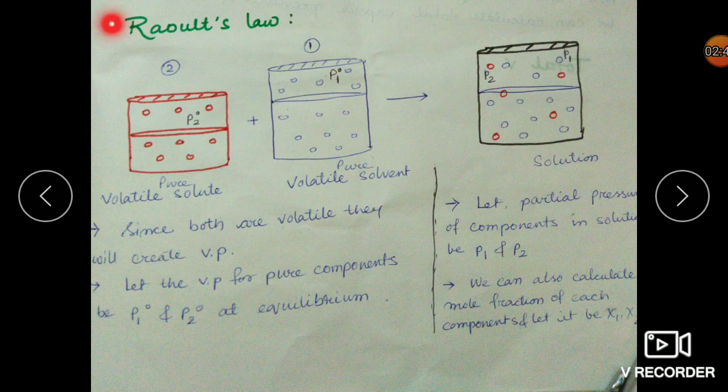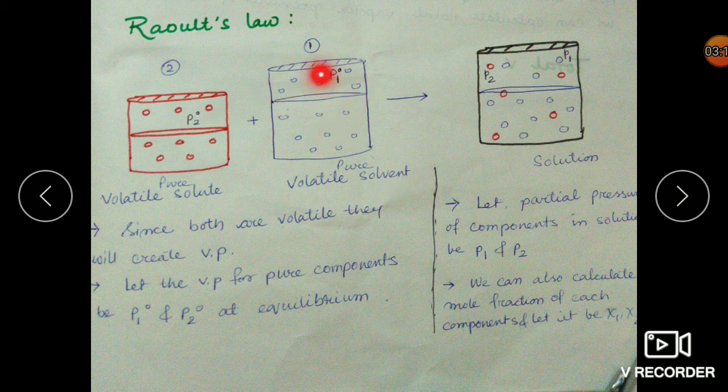Next, Raoult's law. Let's understand what is Raoult's law. The law is very simple. Let's start with the liquid solvent. In the container we have taken some pure solvent. Now when it is a liquid, obviously it is volatile, so it is a pure volatile solvent. This is the liquid phase.